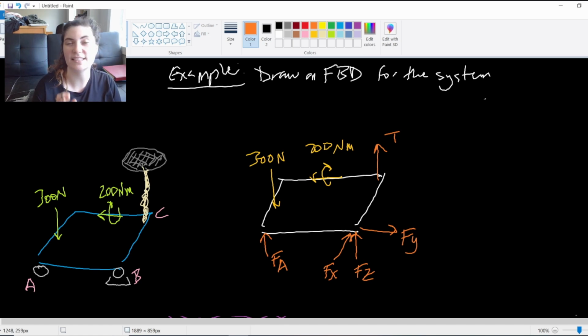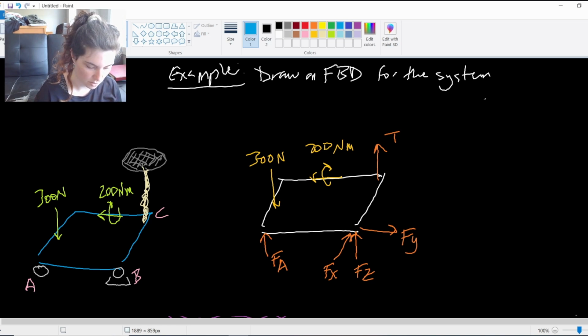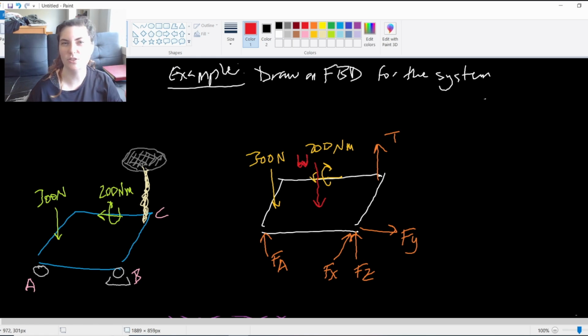And then there's one last thing about a plate problem or any of these problems that may trip you up if it's part of your problem statement. And that is, when you have a plate like this, oftentimes we do account for the weight of the plate. So the weight is kind of like a distributed load acting through the whole plate, and your weight acts through the centroid of that shape. So here we might also have a weight in the centroid of the shape, W. And usually this would be given to you, or you might be asked to find the weight of a plate.